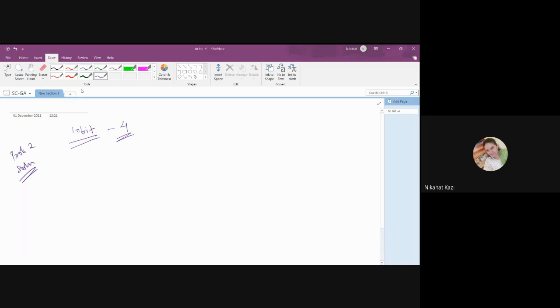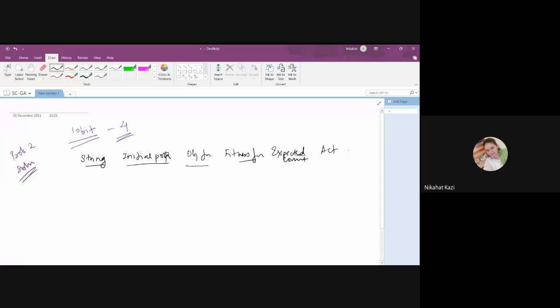That table will come here: the string number, the initial population, then the objective function, the fitness function, and then the expected count and the actual count. So I'm just writing the expected count and the actual count.